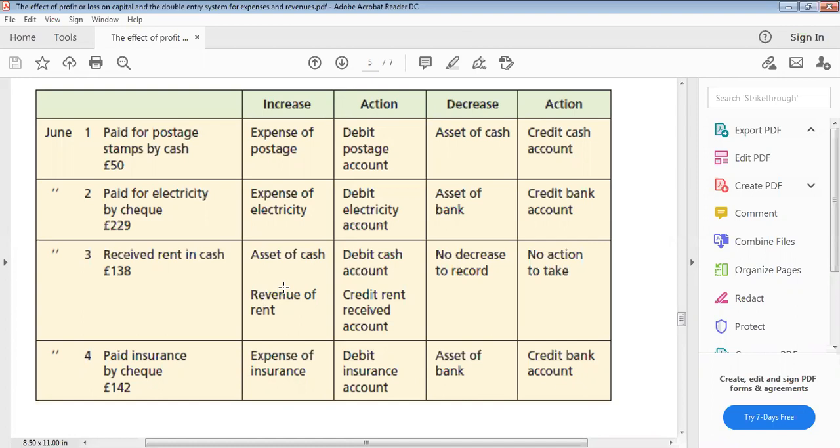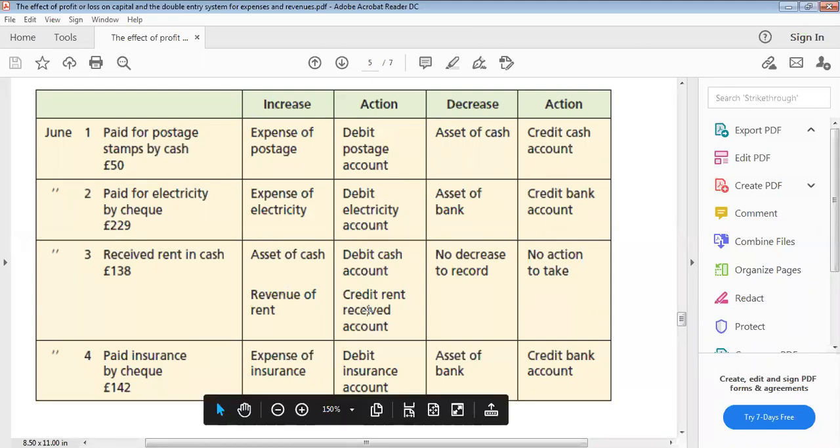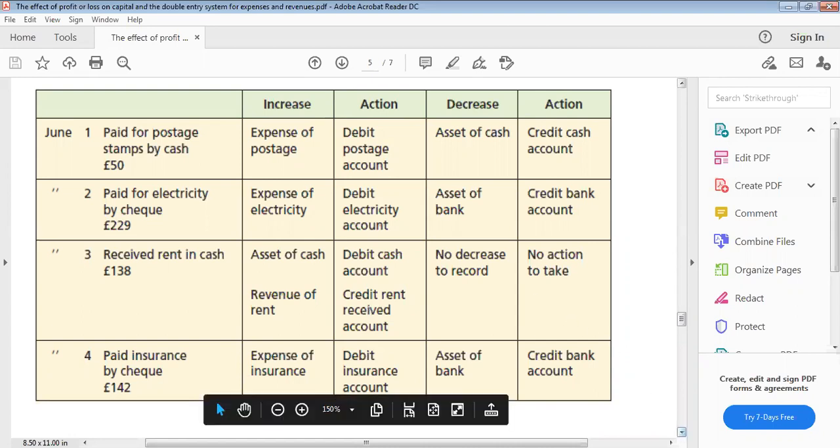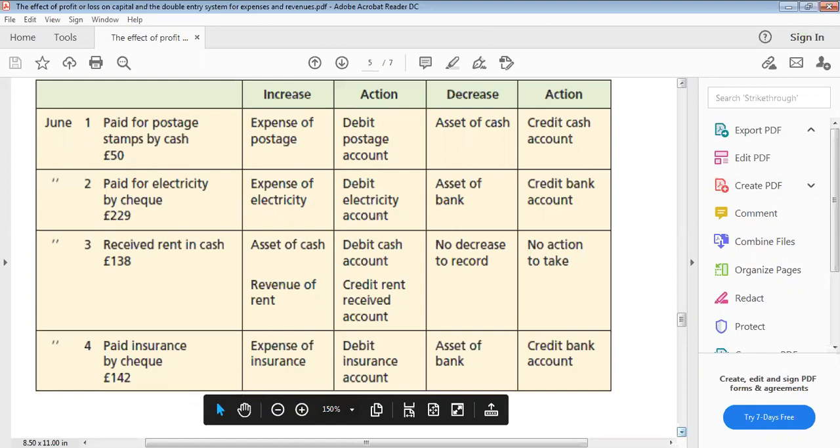Now, the action to be taken is to debit the cash account and credit the rent received account. Now, accounts is just principles, please. Remember that. It's principle. Not everything will be the same as what you think in the real world.